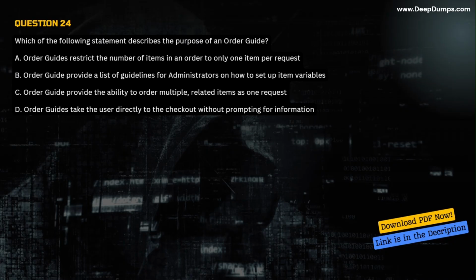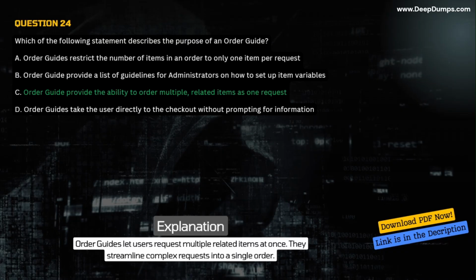D. Order guides take the user directly to the checkout without prompting for information. Correct answer C. Order guides provide the ability to order multiple, related items as one request. Explanation. Order guides let users request multiple related items at once. They streamline complex requests into a single order.